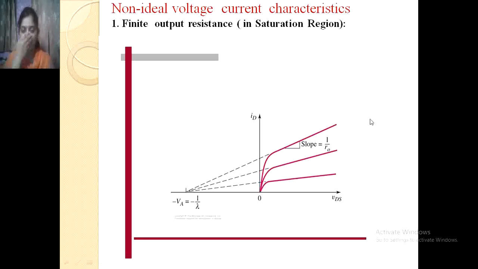Already we have seen when VGS is more positive, at that time the charge carriers flow and form one layer, an internal channel, and due to that the ID current flows through the device.